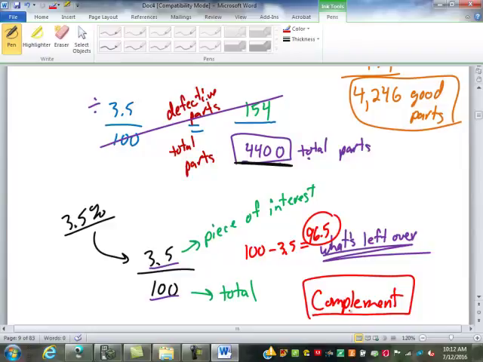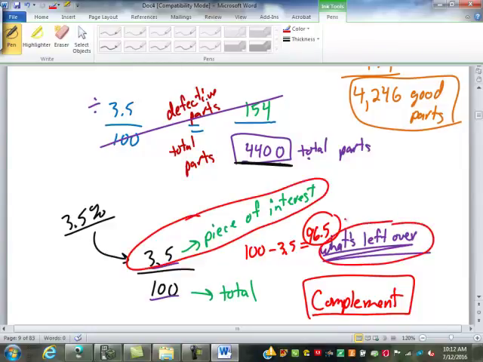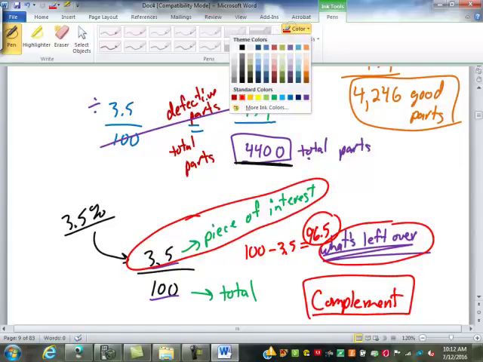So 96.5 and 3.5 add up to 100, so they are complements. Whenever you see a percent, you need to be aware that it has a complement that is the rest of the whole amount. So in this case, the 3.5% represented the defectives. What we were interested in was the rest of the whole amount, the 96.5%.